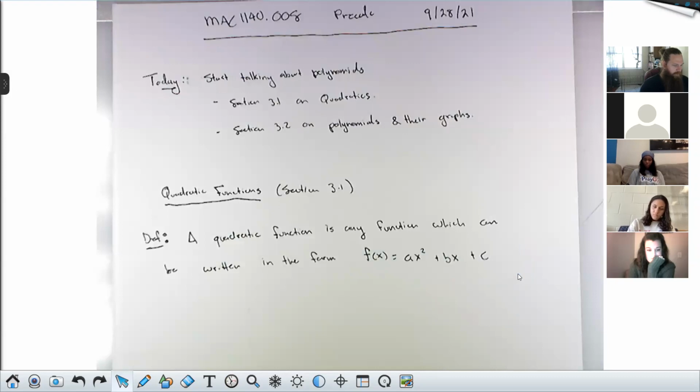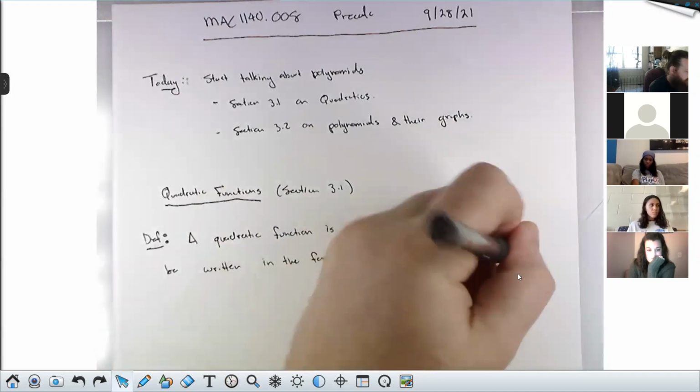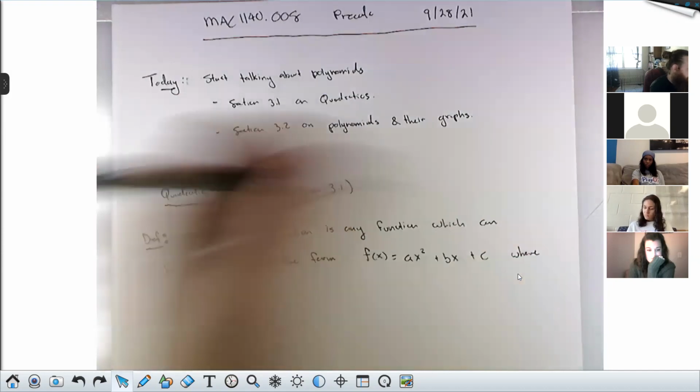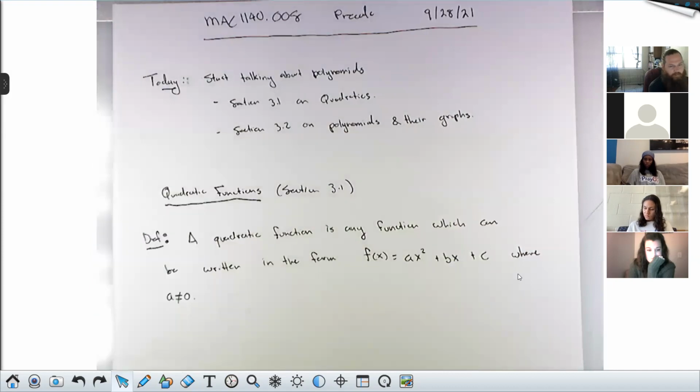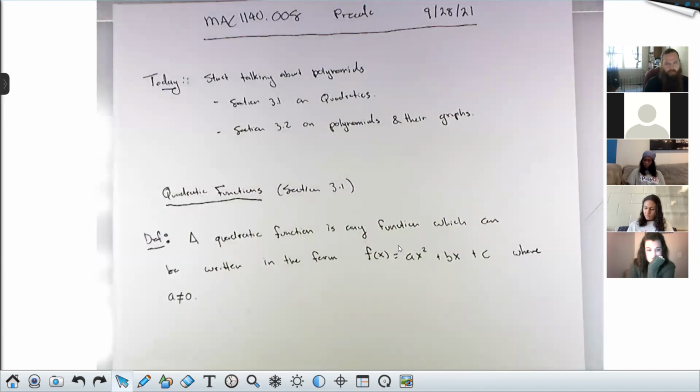But you don't need to know those terms. The only catch is here, we don't want a to be 0. If a is 0 in this expression, then this term isn't really here, so this isn't really a quadratic. It's the x squared that makes this a quadratic.